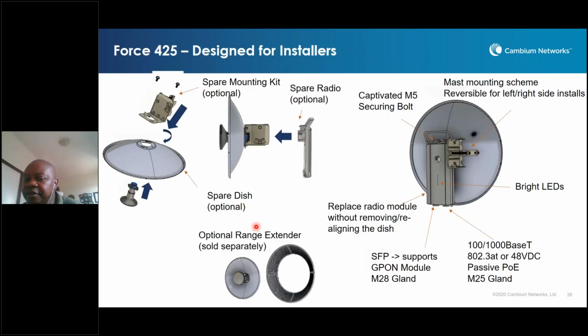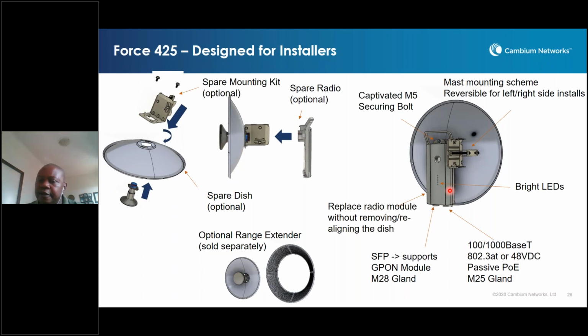Simplicity is what we wanted to bring, in terms of being able to put it together quickly and easily. Operational was also a big thing. For example, you can now see those bright LED operational lights from the bottom without having to go up the mast. They're visible because of the way they are positioned. I think previously they were underneath or something like that, so this is proving to be better.